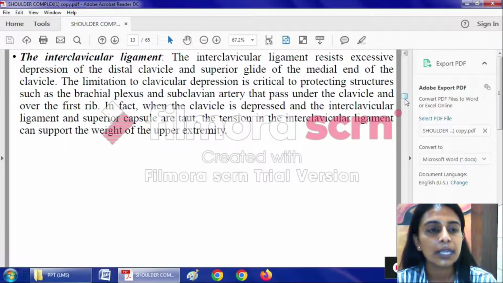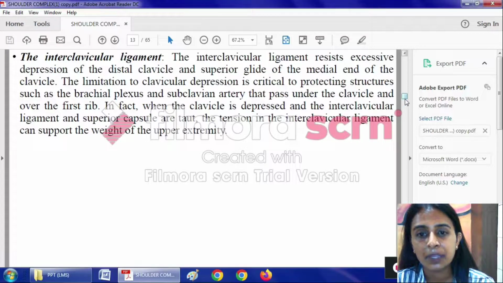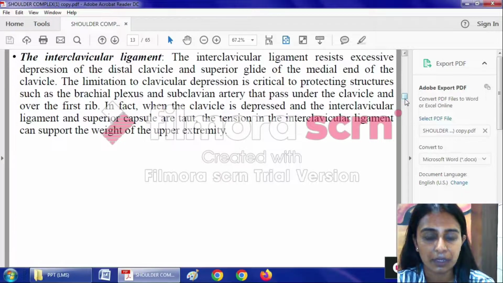Third one, the interclavicular ligament. The interclavicular ligament resists excessive depression of the distal clavicle and superior glide of the medial end of the clavicle. The limitation to clavicular depression is critical to protecting structures such as the brachial plexus and subclavian artery that pass under the clavicle and over the first rib.